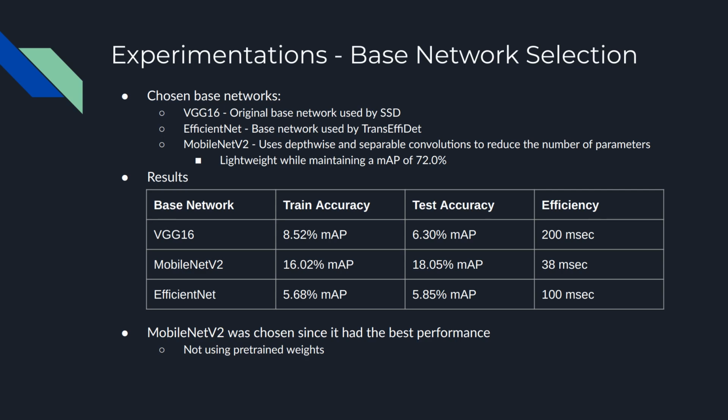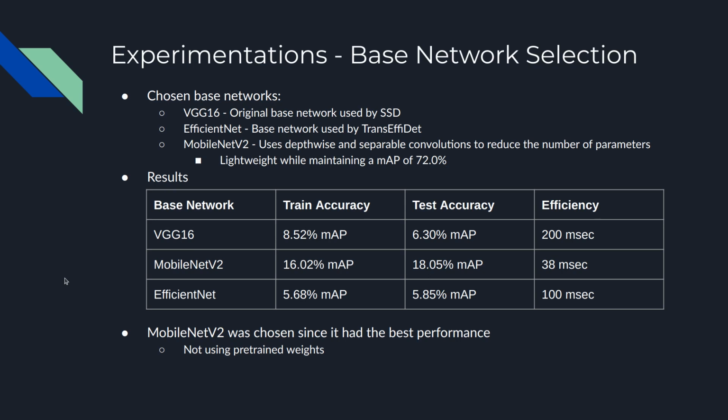So we experimented with different base networks here. We used VGG16 because it was the original network used by SSD, EfficientNet, which was used by Trans-FDET, and MobileNet version 2 because it is a quick network that has a small number of parameters while still maintaining good performance.